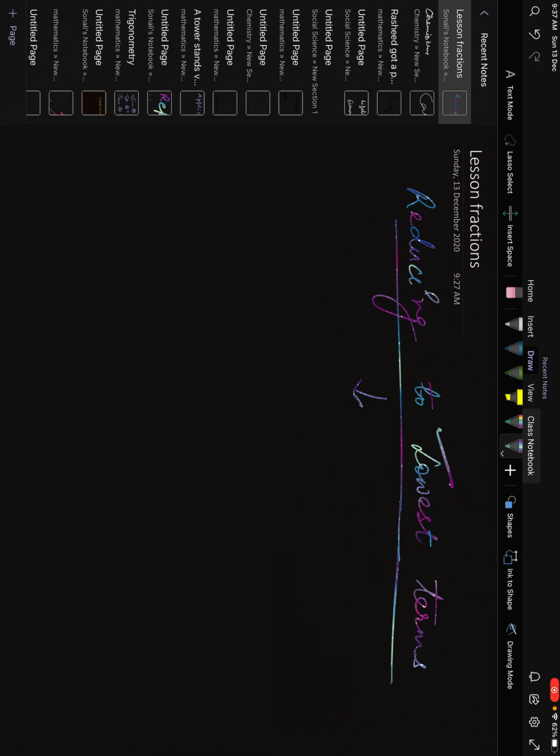This heading means that in the given fraction, our numerator and our denominator are the two parts.